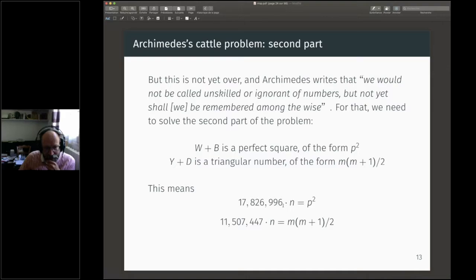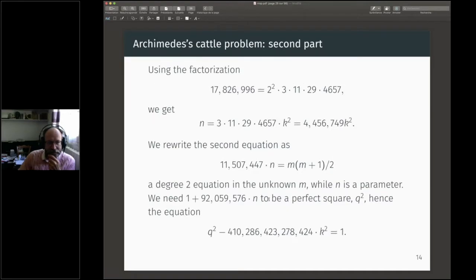You can factor this 17 million number, and the product with n is a square. So all prime factors that appear on the left will have to appear also in n. So n has to be of the form 3 times 11 times 29 times 4,657 times a square, and you get something like that. So n is 4 million, etc., times k squared.